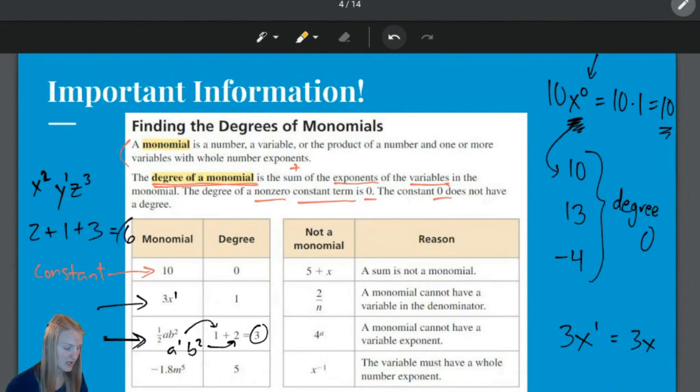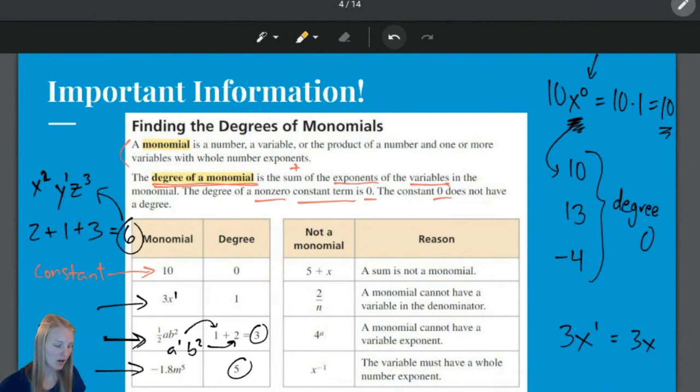So the degree of this monomial would be 6. Okay, so that's what happens if you have multiple variables. If you just have one variable, this last example right here, -1.8 times m to the 5th, you just take the exponent of that one variable. So, 5, because it's m to the 5th. So those are nice and easy.